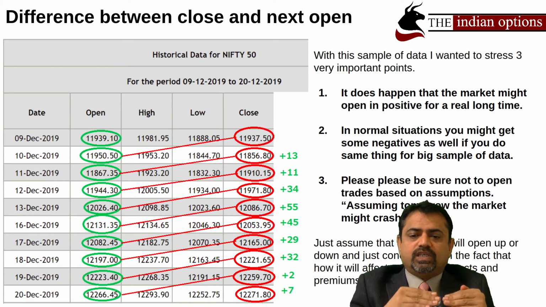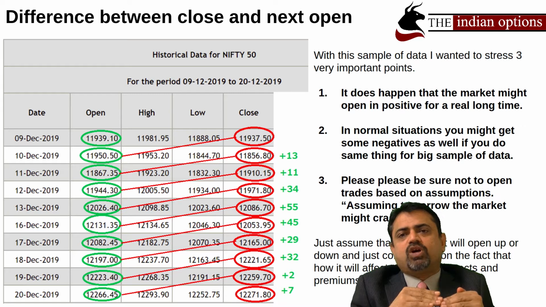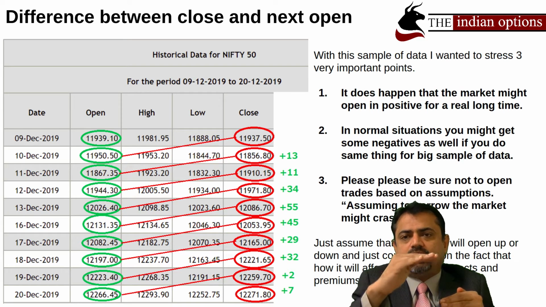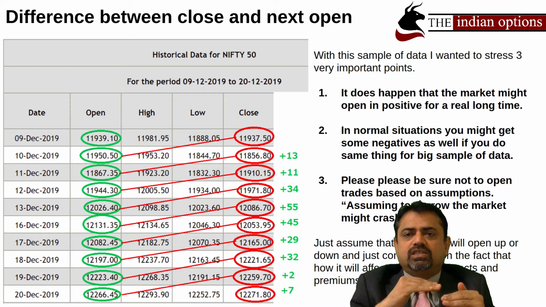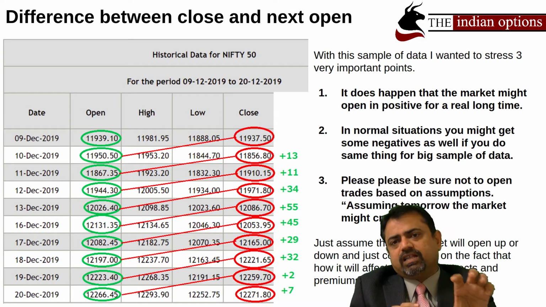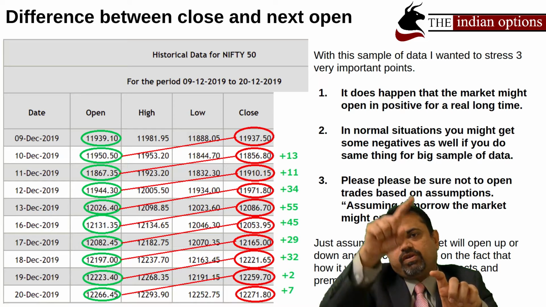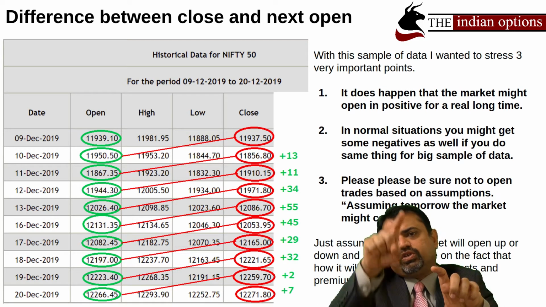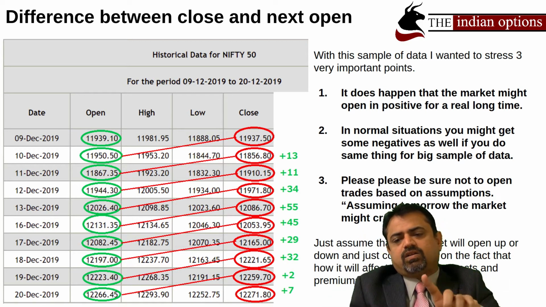The first day it opened 13 points above in the green, then the next day 11 points, then 34 points, 55 points, 45 points, 29 points. I have purposely taken this particular example where you have positive openings for almost 8, 9, 10 days.